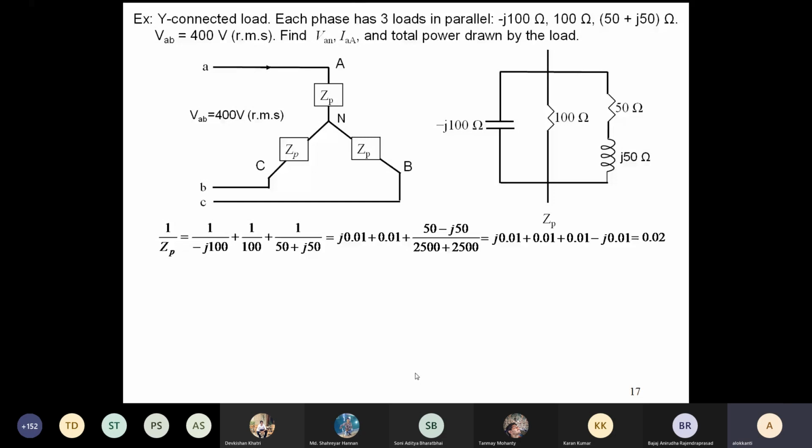So ZP becomes 50 ohm. Z equivalent is exactly 50 ohm.